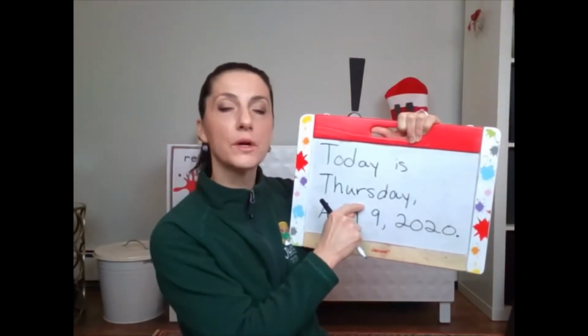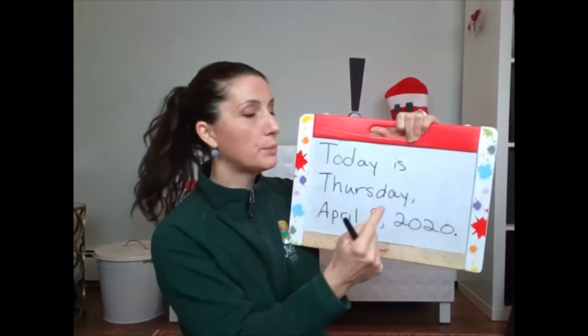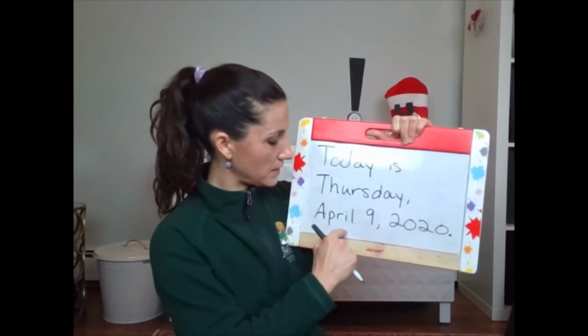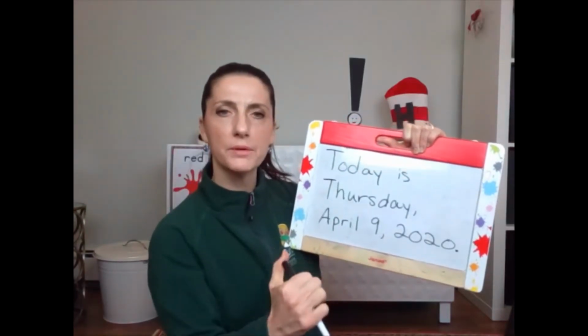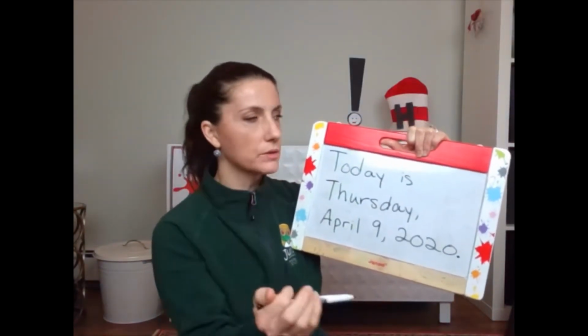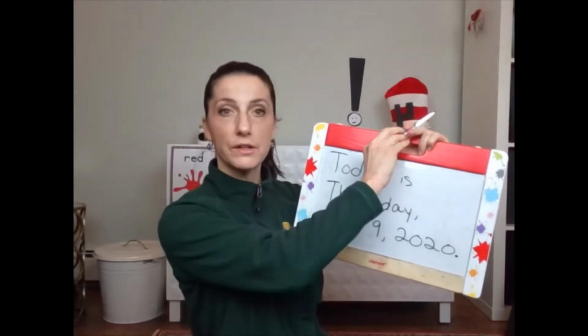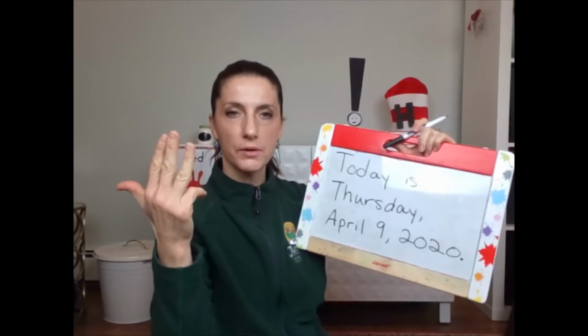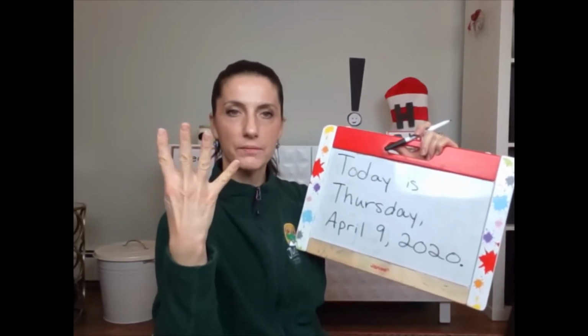However, if we are writing the short form, we put the month first. So the month would be April. What number represents April? If you don't remember, you can count it out on your fingers, right? January, February, March, April, 4.